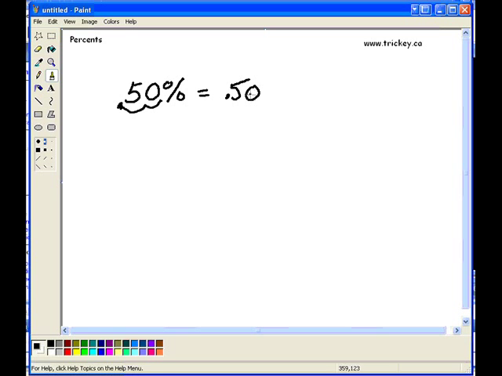Now we do have to go the second decimal place because percents are always fractions out of 100. So the first place value in your decimal is your tenths, and your second one is your hundredths. Okay, so that's the same thing as saying 50 over 100, and we can reduce that further, take off the zeros. 5 over 10 is the same thing as 1/2.